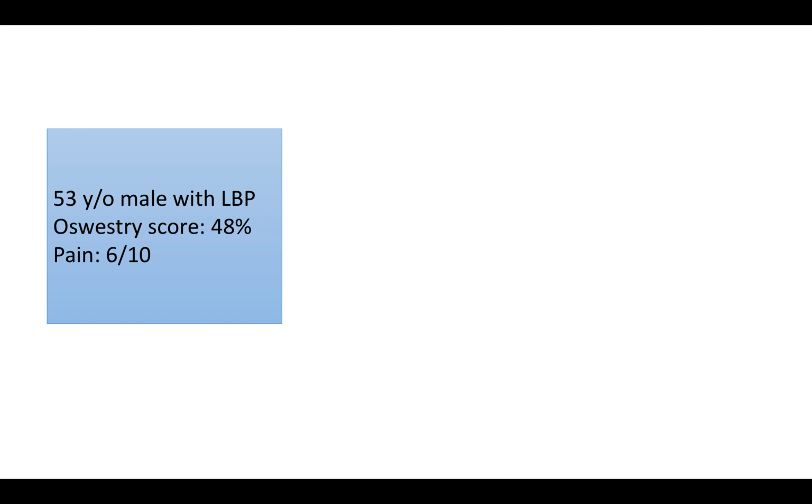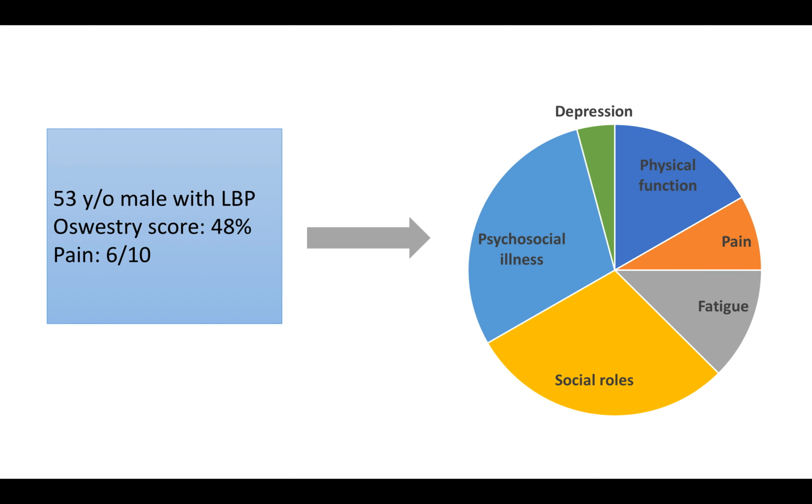Consider a patient that's pretty common with low back pain. We assess them using the Oswestry Disability Questionnaire and pain VAS score. This assessment doesn't take into account comorbidities, which are common in a 53-year-old male, and it doesn't address psychosocial issues such as self-efficacy or other physical issues like fatigue, which are commonly associated with low back pain.